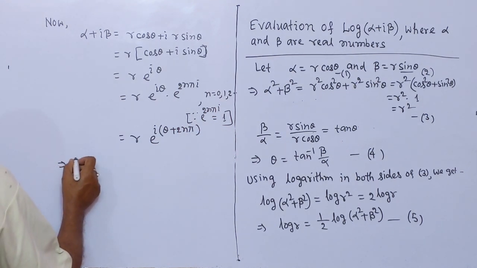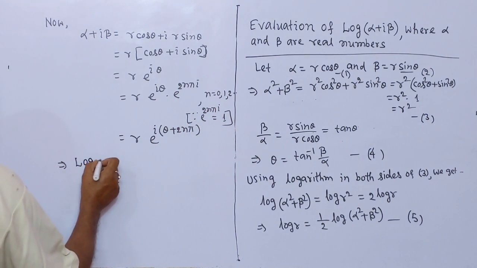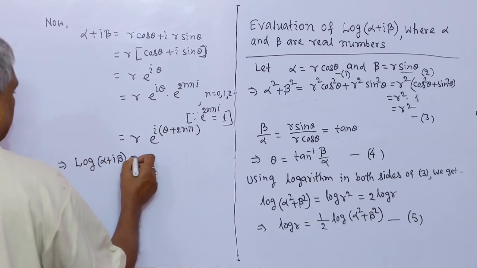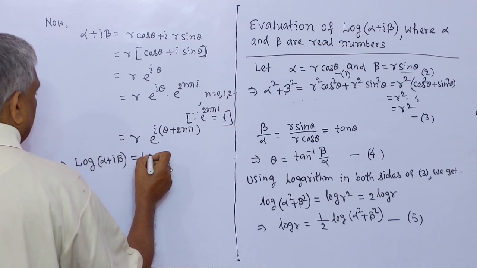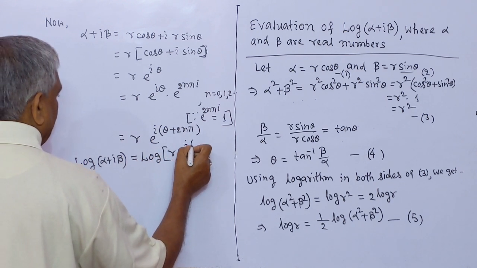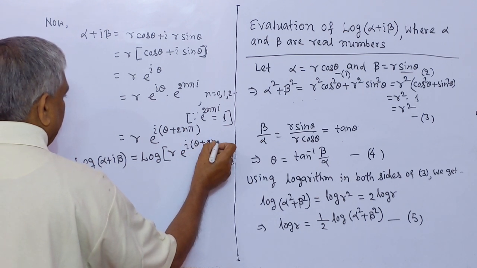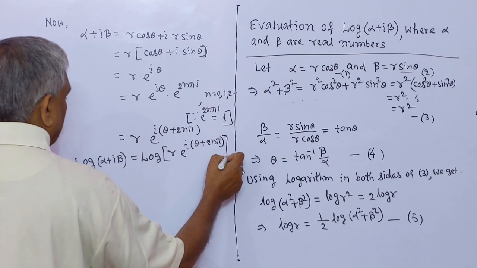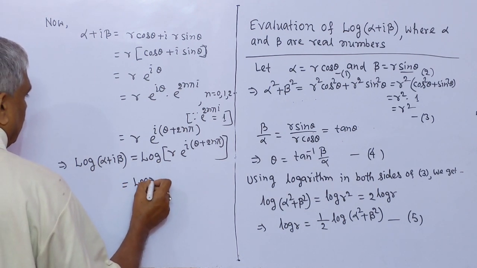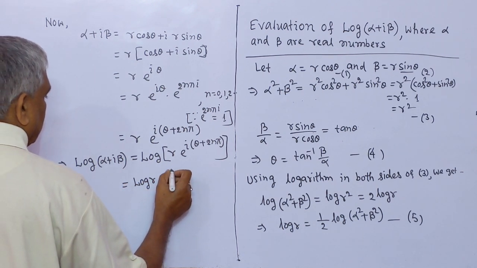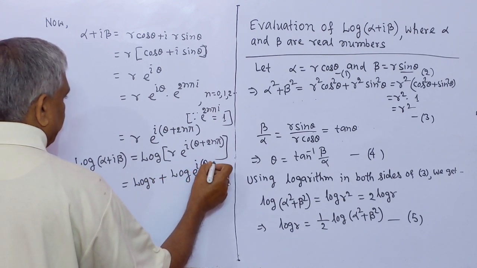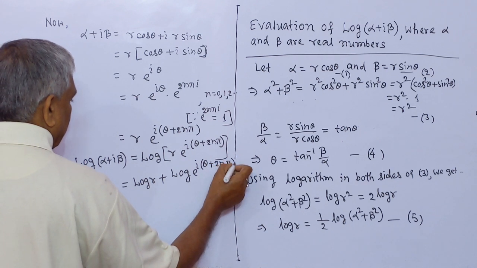This implies that capital Log alpha plus i beta is equal to capital Log of r e to the power i theta plus 2n pi. This is capital Log r plus Log e to the power i theta plus 2n pi.